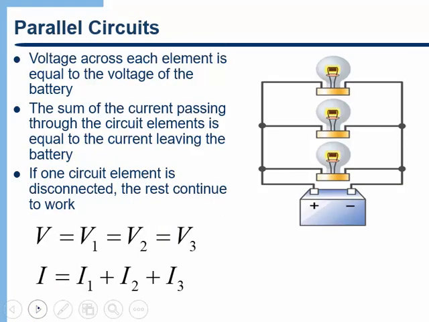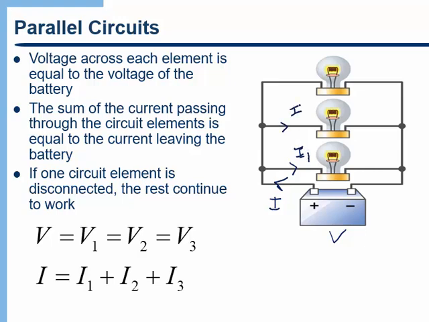Let's look at the parallel situation. So again, some important things to remember about parallel circuits. The terminal voltage that the battery puts out is going to be the same as the voltage across each of our devices that are connected in parallel, because effectively they're all directly connected to the battery. What we find then also is that the current leaving the battery is going to split into those three different branches.